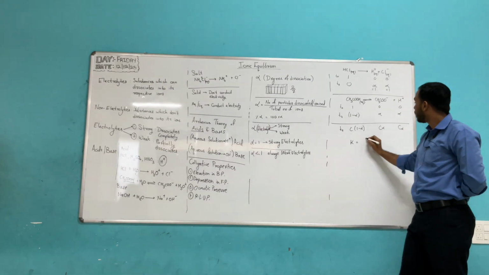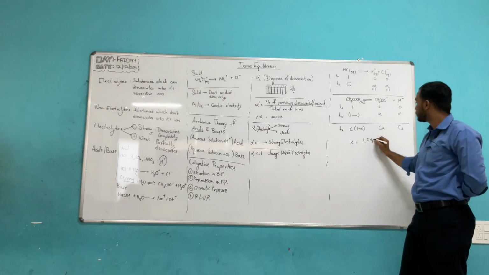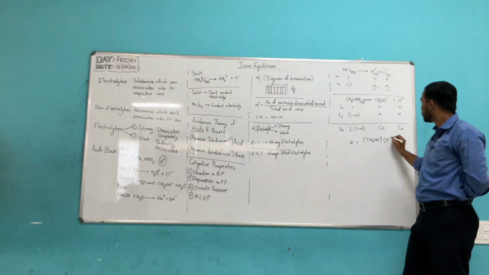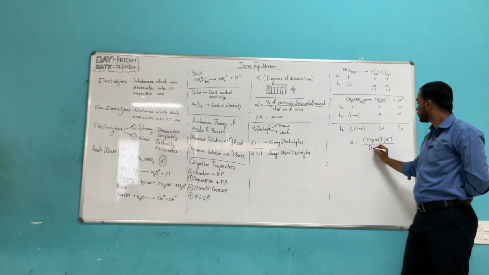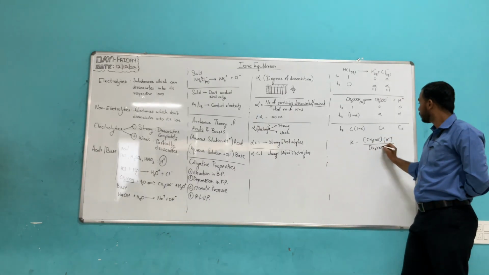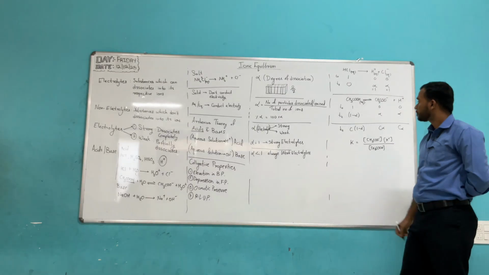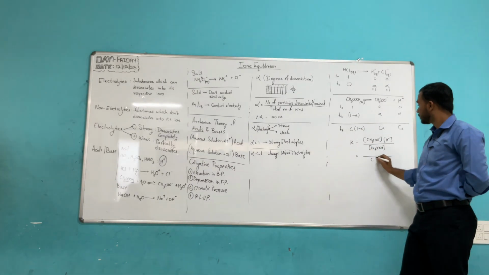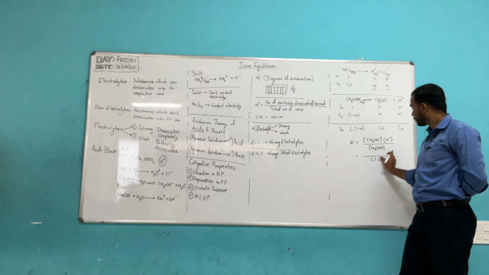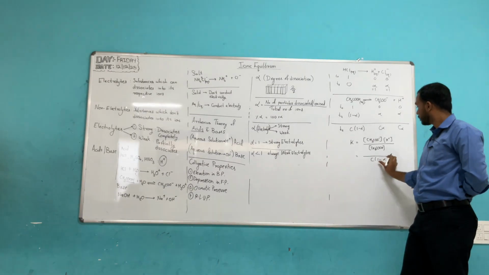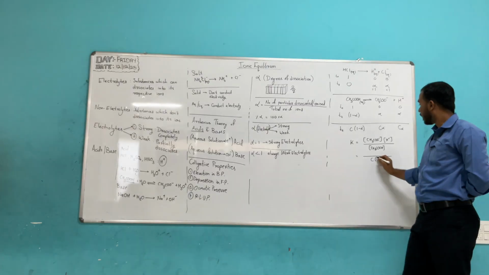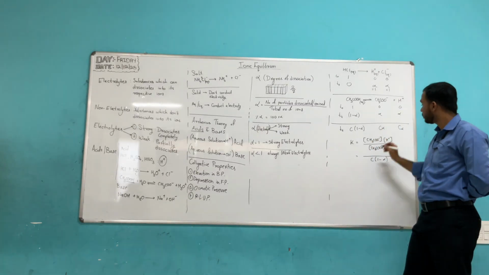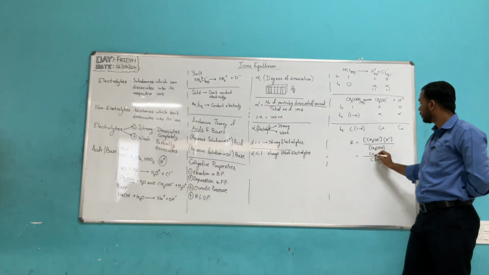So we write the CH3COO minus concentration and the H plus concentration divided by the CH3COOH concentration, which is C into 1 minus alpha. The ion concentrations will each be C alpha.